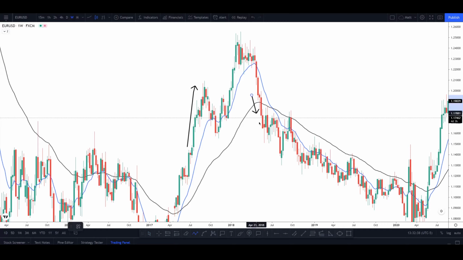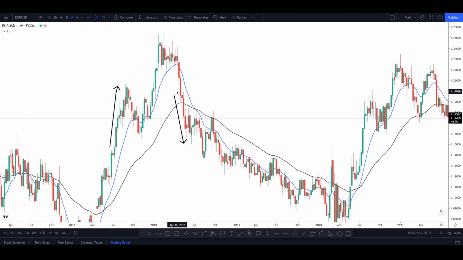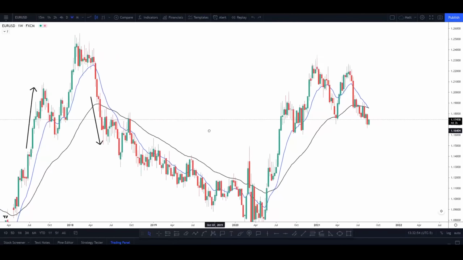And then once again, when we broke through over here, when the bears took control and flipped this back into resistance, I think we can agree that this is a big move. So this move had some significance to it, which is a good sign once again.